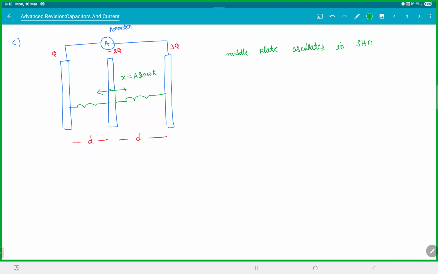I could have brought SHM also there. That would have been fun, but okay, I gave you the SHM part. So this ammeter which is there, what will be the reading of that ammeter? A is less than d, so you don't collide with the plates.